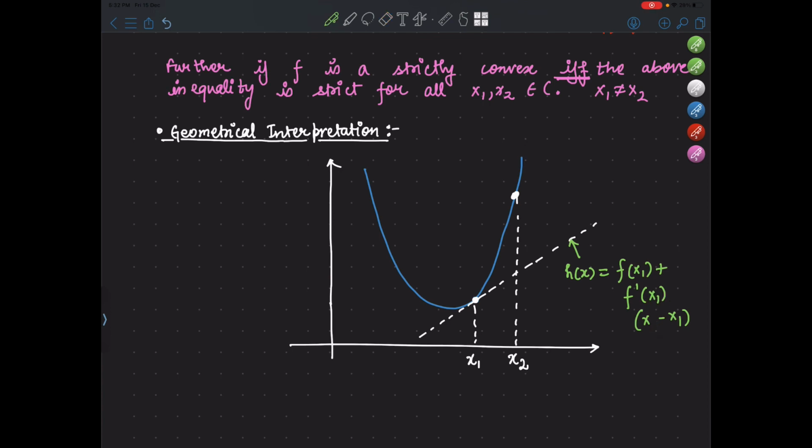If you give any x, you will get a point on this line. This tells us that the affine approximation, or the linear approximation, does not overestimate the original function.